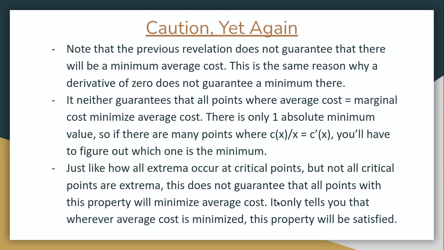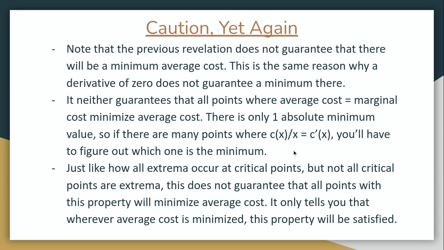It only tells you that wherever average cost is minimized, this property will be satisfied. Any questions on that? I can go through it more slowly and do a different take on it if it's confusing. And if you're curious about the intuition, it's the same reason for the stuff we outlined before.